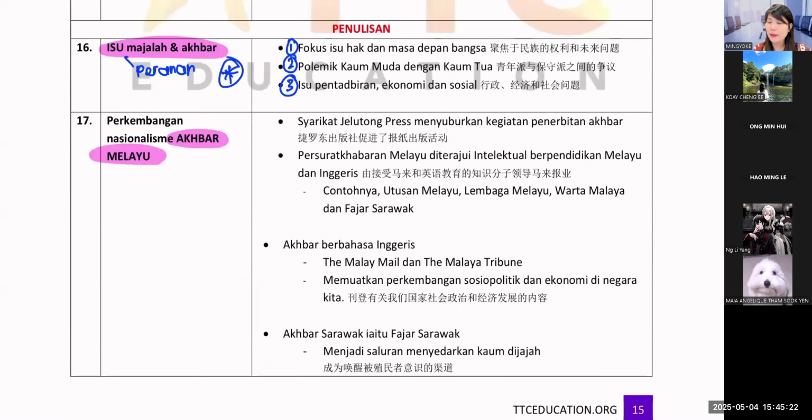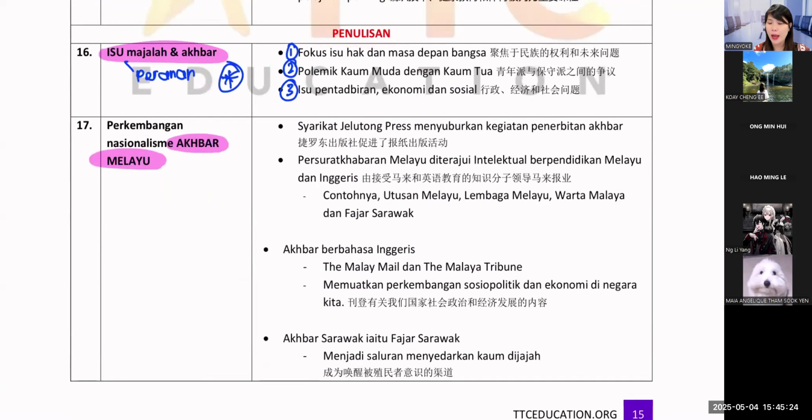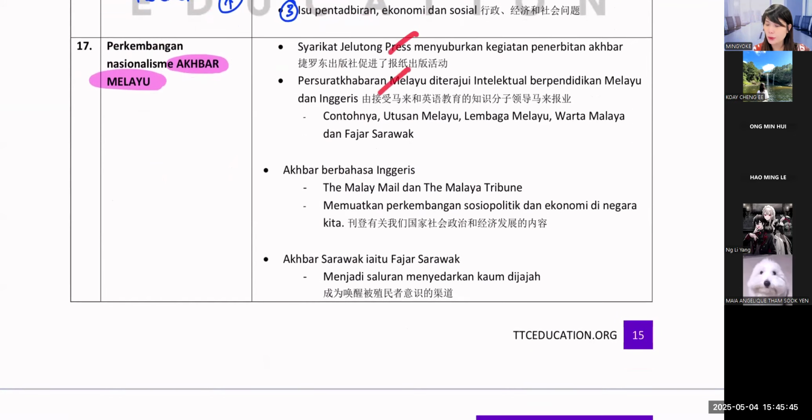Then, at the same time, penulisan. First of all, what's the purpose of a majalah and akhbar? It is to talk about their future, their rights, and the dispute. Polemic is the dispute between kaum muda and kaum tua. And talk about their government, administration, economy, and social. If they talk about Akhbar Melayu, explain, then you have a lot, 1, 2, 3, 4, 5, 6.